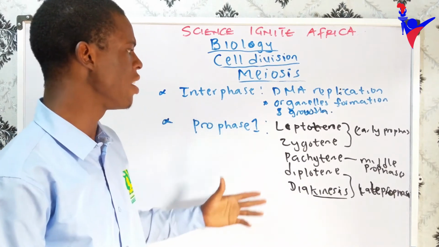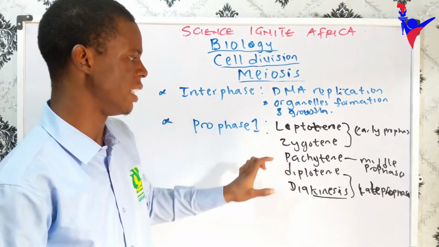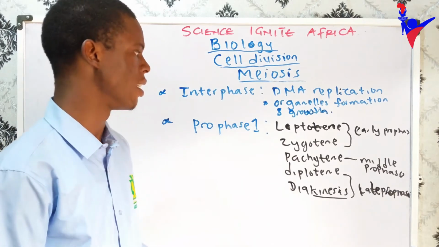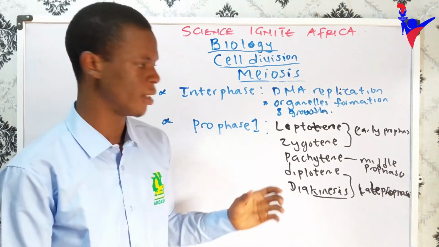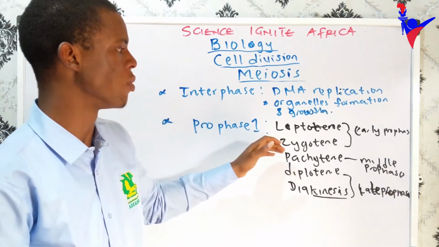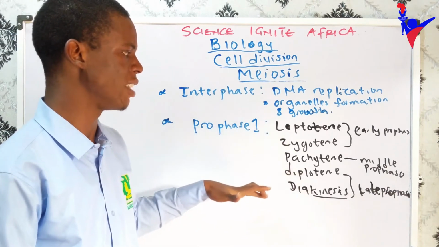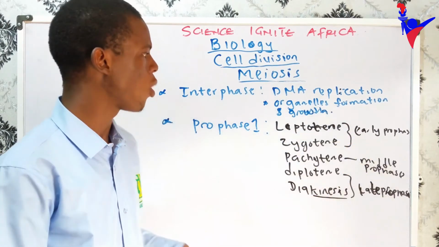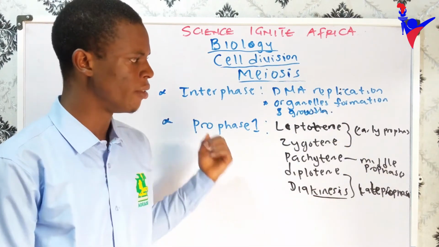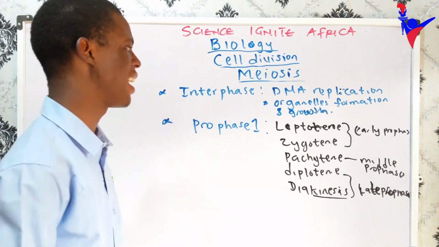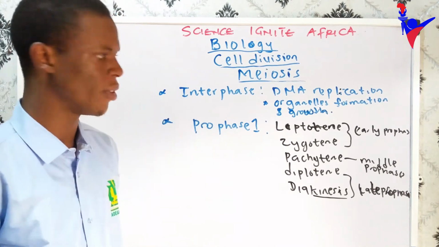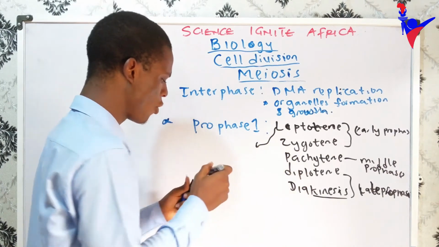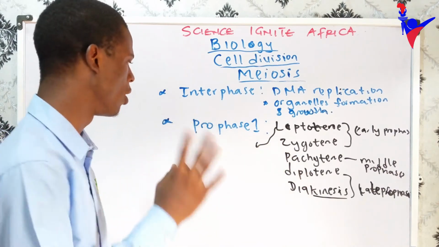So going on, we have the leptotene, zygotene, pachytene, diplotene, and diakinesis. There are some crucial things that happen in the leptotene stage and the zygotene stage, talking about the early prophase. What happens in the leptotene phase of prophase 1 is that you have the chromosome in a spindle fiber form. They are still in a fiber.